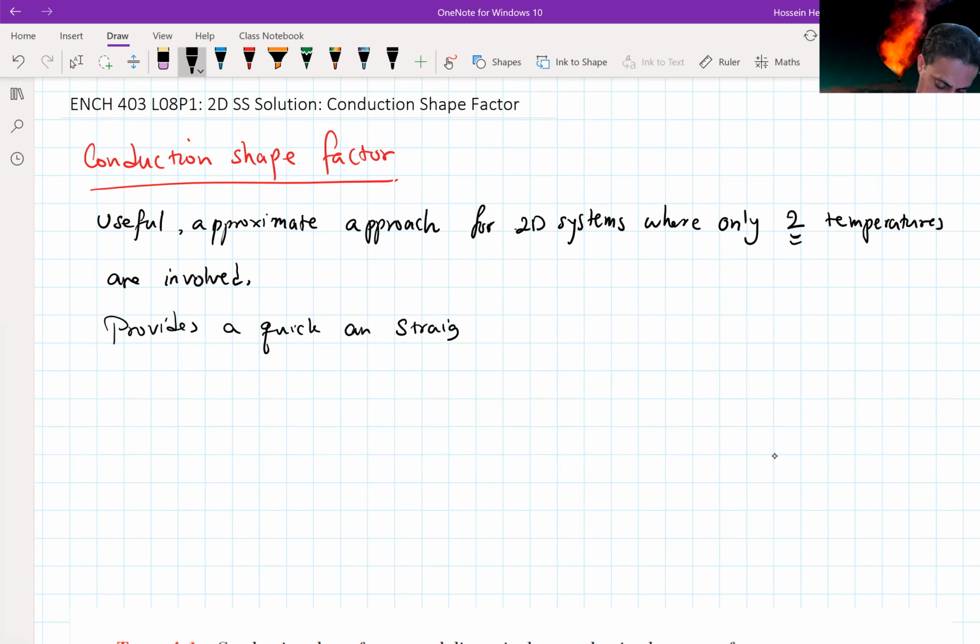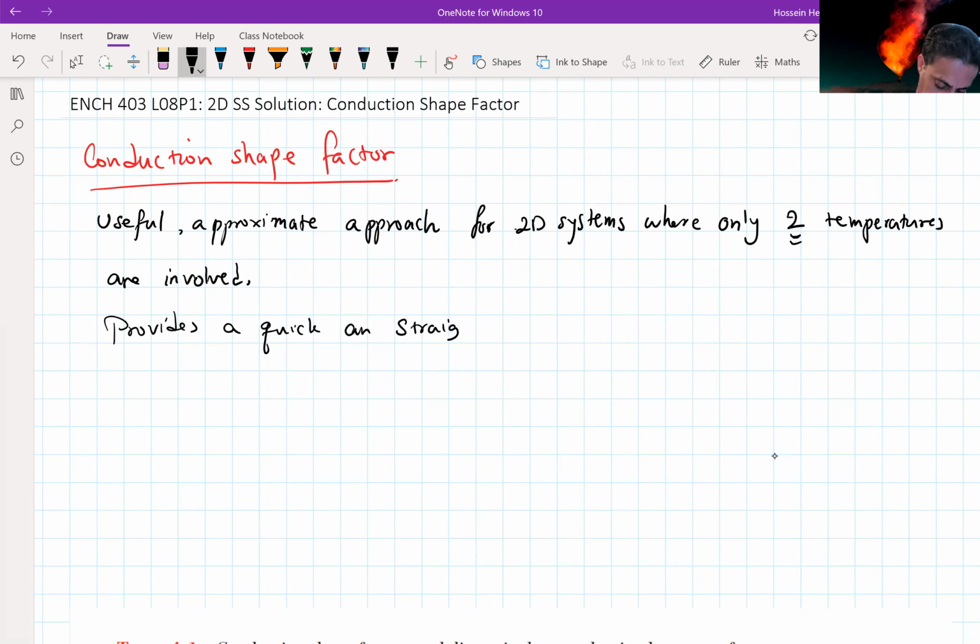Okay, so let's find the heat loss from a long buried pipeline that is transferring liquid, or let's say gas, in the system.